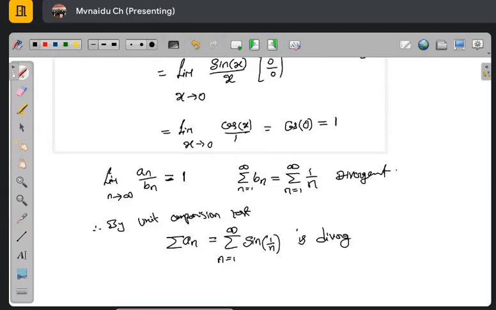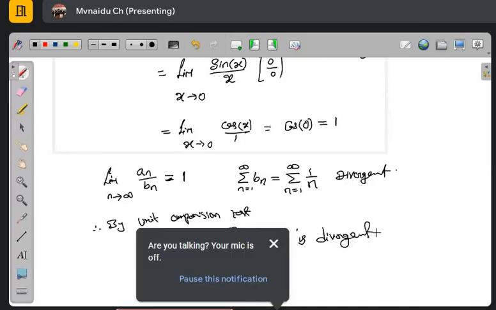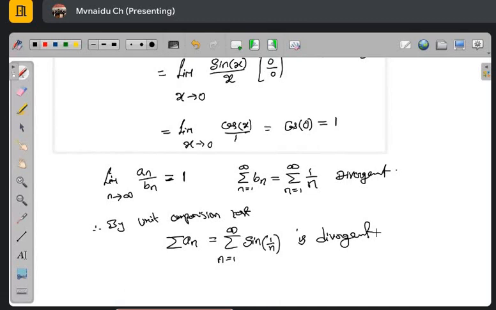Do you understand why it is divergent? Because summation 1 by n is divergent, and we know that the ratio of the nth term here and 1 by n is a constant. Therefore, if one is divergent, the other one will be divergent for sure. Okay, so this is how you need to apply the limit comparison test.